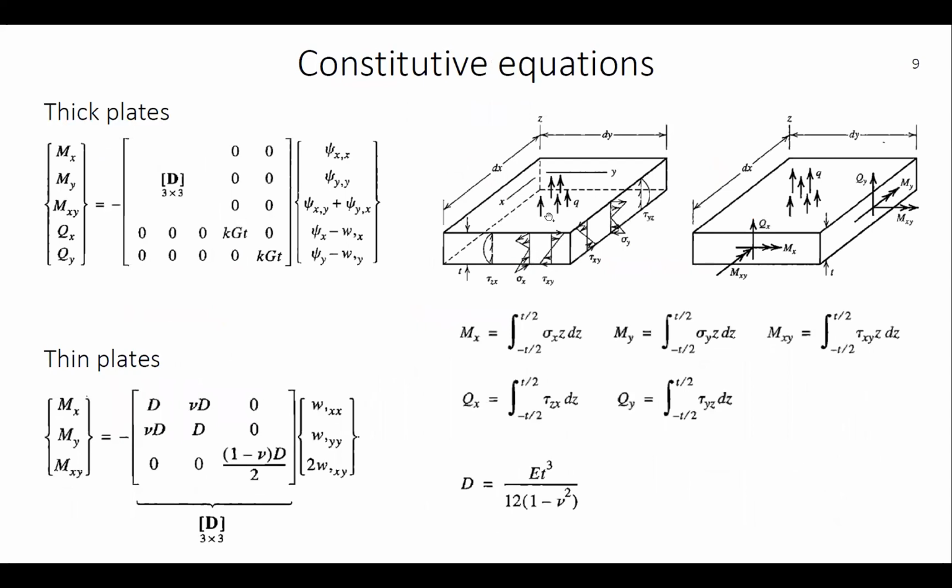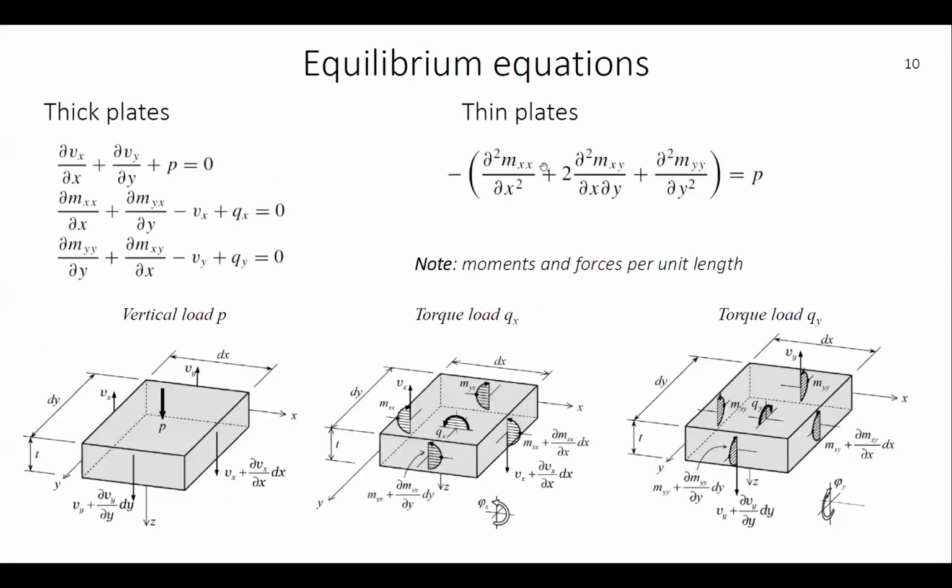You note that here the load is described as Q and directed in a positive Z upwards, whereas now it's notated by P, and the Z direction is downwards. And I have omitted all the derivation of these equations, as this is basic plate theory for looking at a small section dx dy.